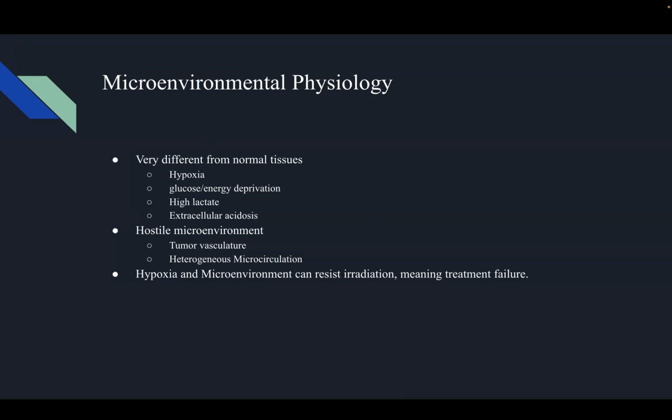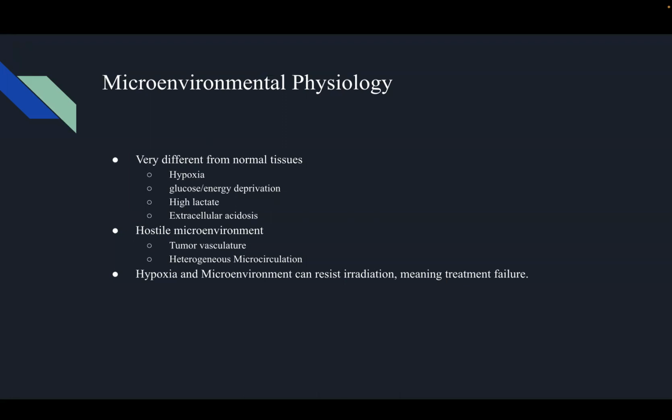Now, hypoxia is a big key here for the difference from normal tissues, and it does play a huge role in how efficient our cancer treatment is for tumors. You'll see that tumor cells will have high glucose and energy deprivation and high lactate levels.